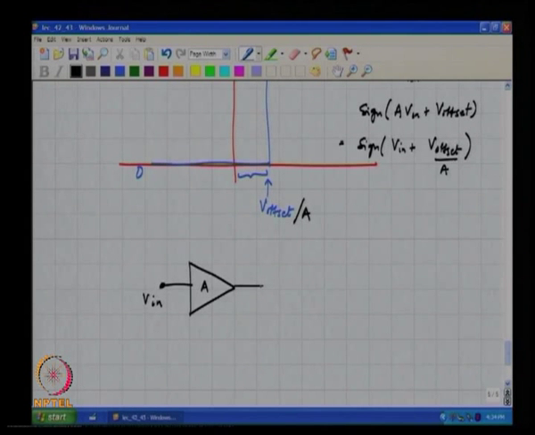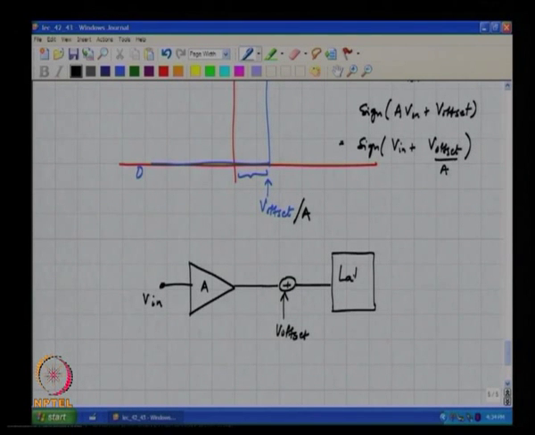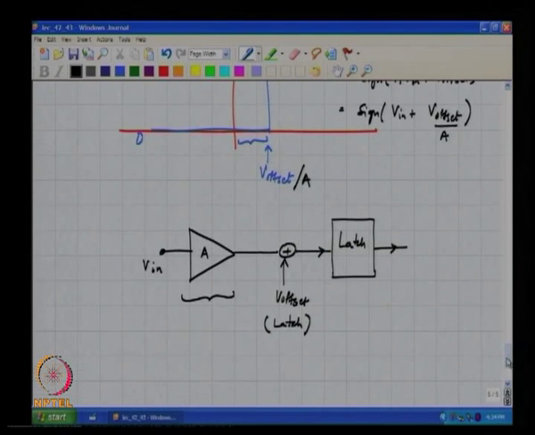But this is the latch offset. This is called the preamplifier.